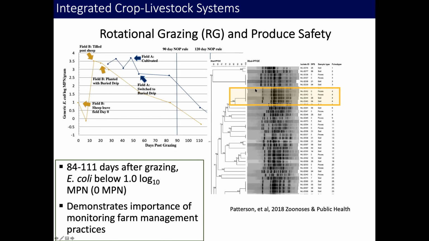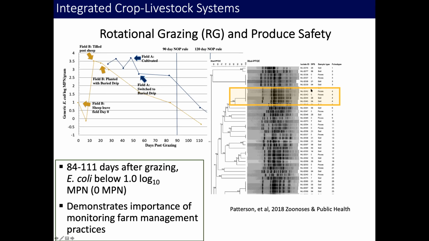To investigate that, we did further testing of some of the generic E. coli we found in the soil and also in fecal samples from the sheep. We looked at fingerprinting, how genetically related those generic E. coli from the feces and the soil are, and that's what this figure represents.